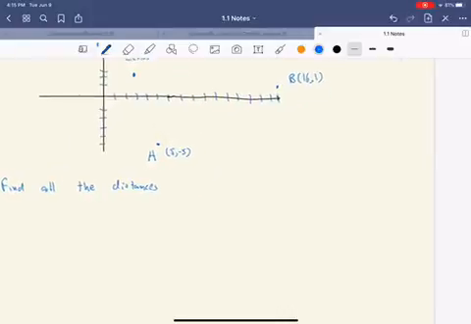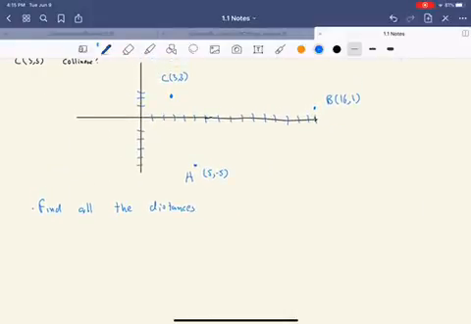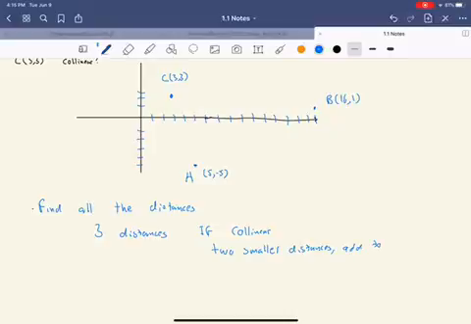There are actually going to be 3 distances, and if the points are collinear, the 2 smaller distances added are equal to the longest.